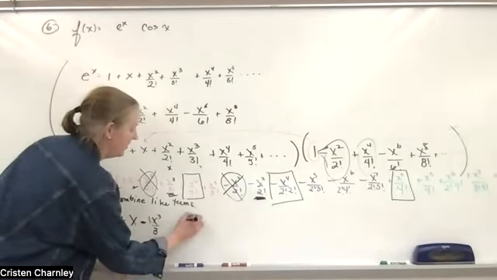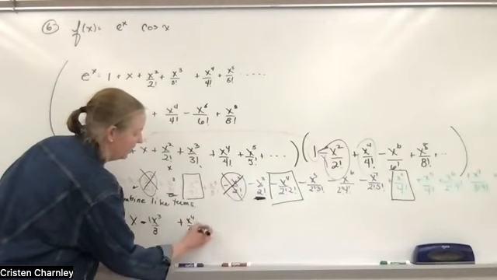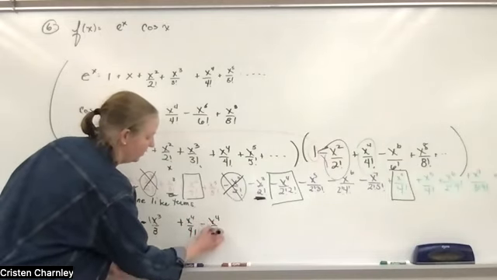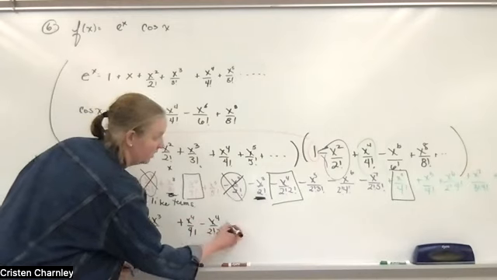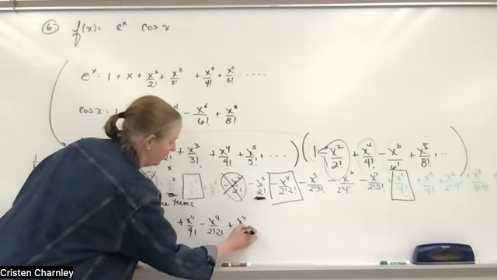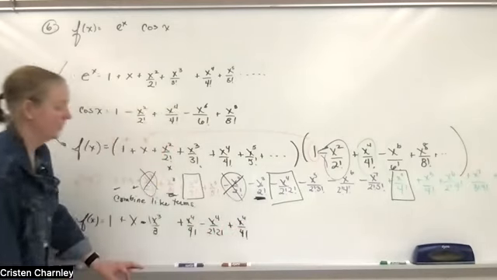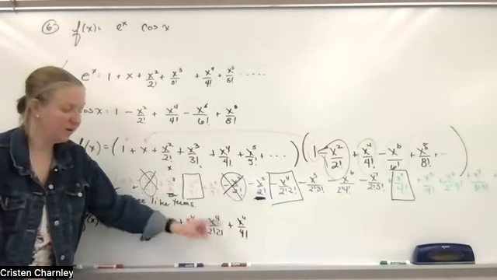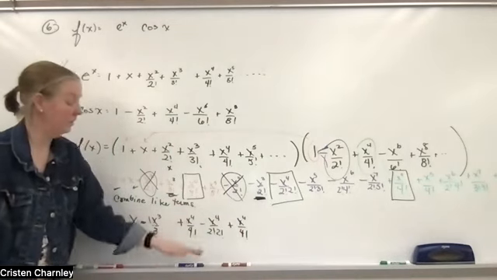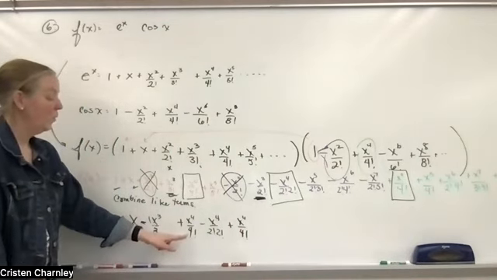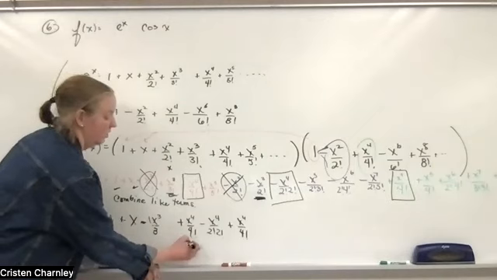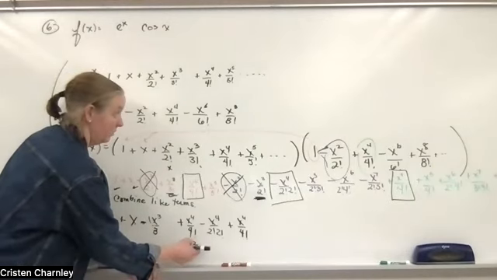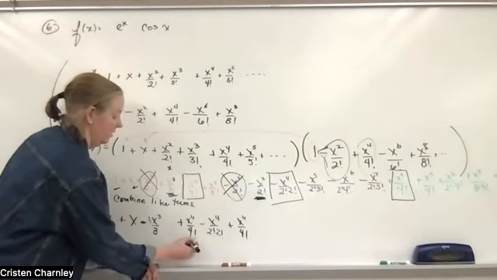So I see a positive x to the 4th over 4 factorial minus x to the 4th over 2 factorial times 2 factorial plus x to the 4th over 4 factorial. In my head, I multiplied those together and called it 4 factorial, but that's not true, is it? What's 4 factorial? 24.